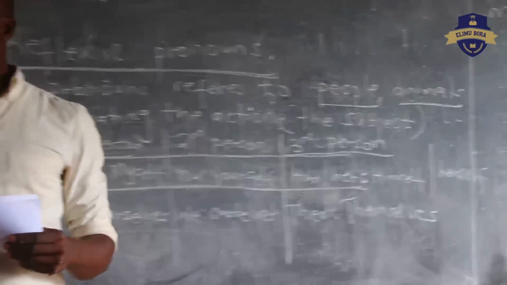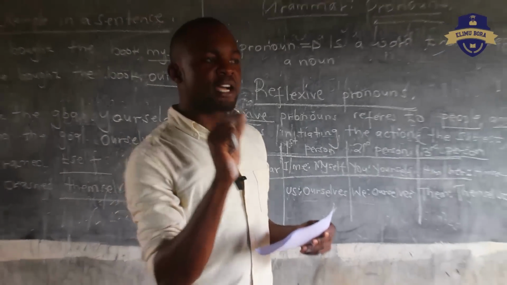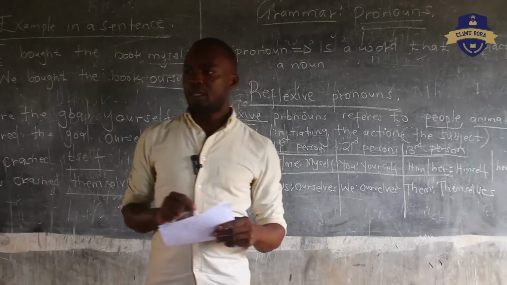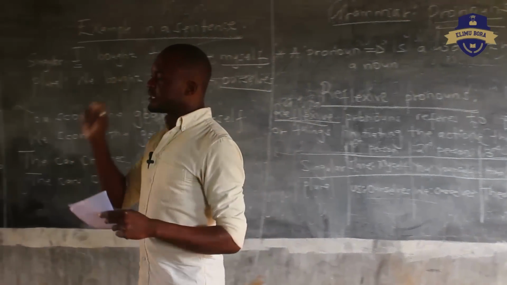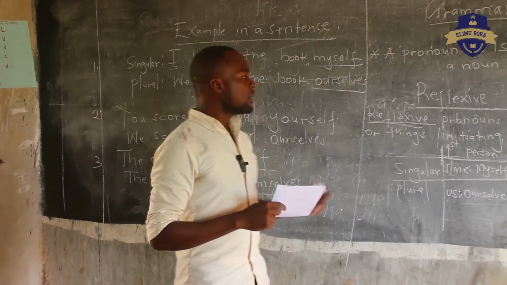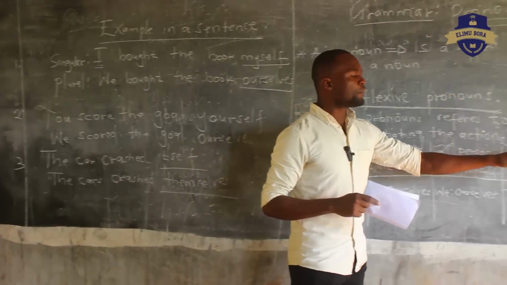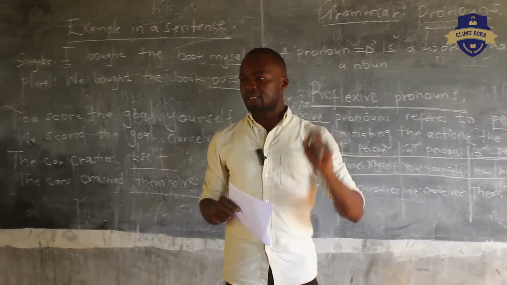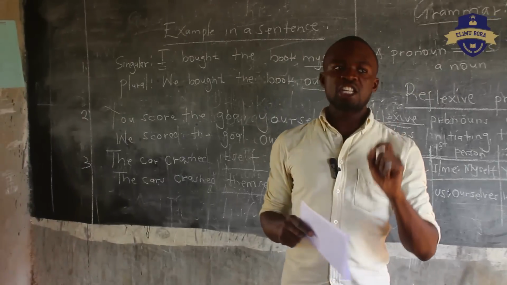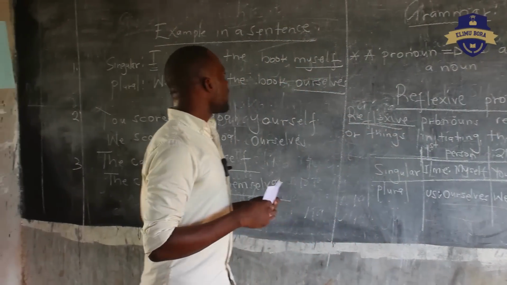So remember that reflexive pronouns reflect on the person doing the action. Reflexive pronouns take the form of singular and plural. When you are checking on the first, second, and third person, you must understand that singular changes into plural.